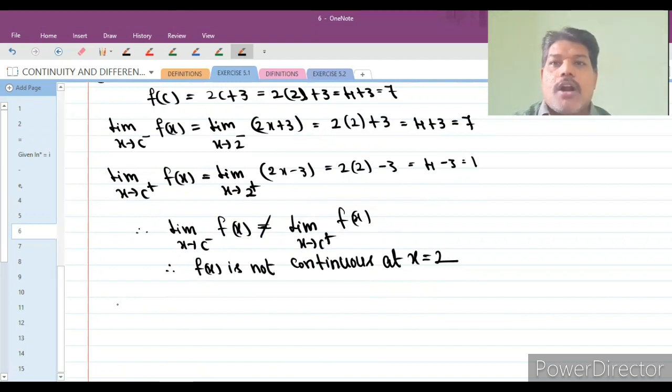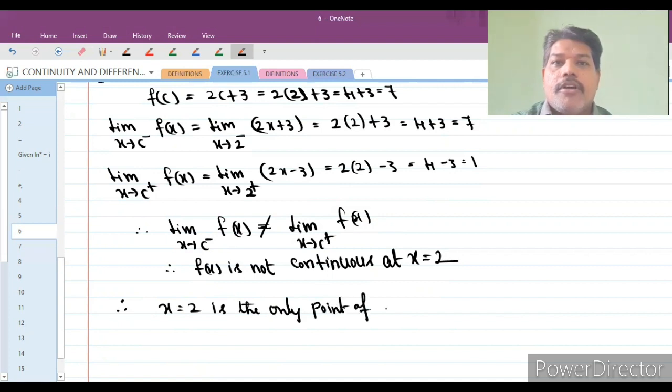So therefore, what we can declare, students: x is equal to 2 is the only point of discontinuity of f of x.